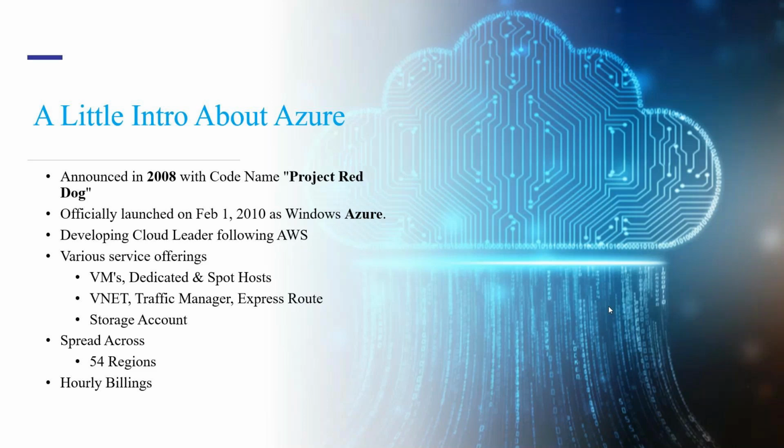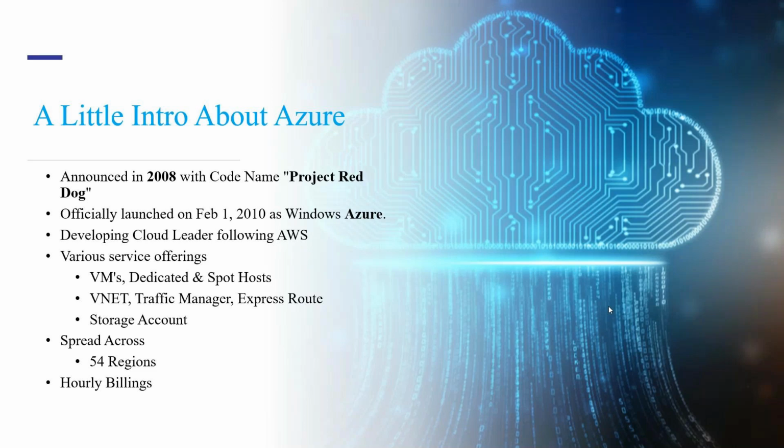You can also deploy SAP and SAP HANA in Azure. Oracle you can deploy, and they maintain a separate service for it. Storage, VMs, networks, lots of services: around 250 plus services Microsoft is offering at present.